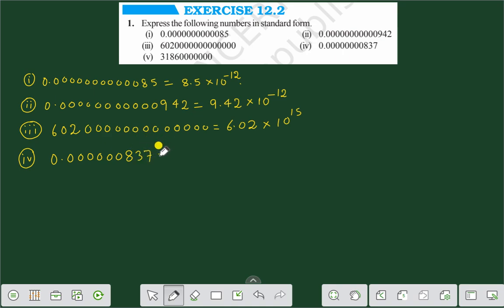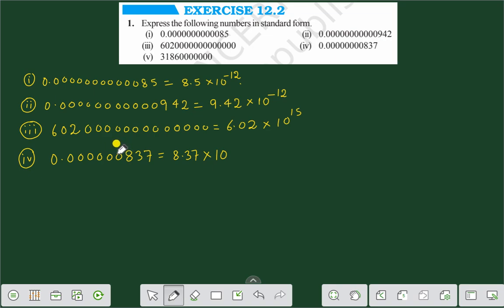That can be written as 8.37 into 10 to the power. Let us count here: 1, 2, 3, 4, 5, 6, 7. Right?